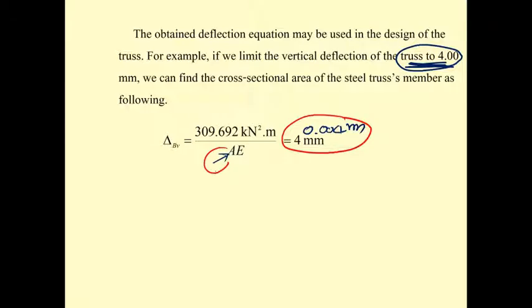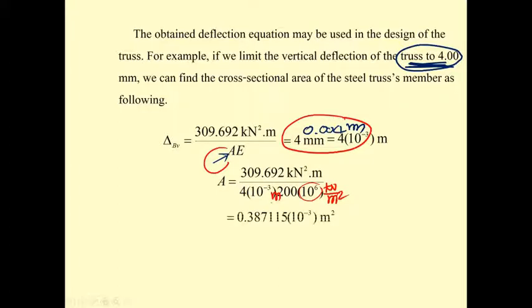Previously it's 300, right? And then you can put this one and do everything, and especially you compute in kilonewton, so the E is going to be power 6 kilonewton per square meter, and this is going to be in meter. So it's going to have the section of 387.1 square millimeter, which is larger than before, right? Before we used 300 millimeter.